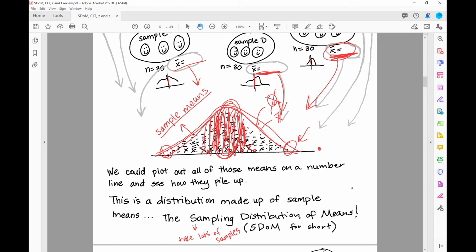So if we were to take all the different samples, plot them out, then we could see, okay, so what do the means look like? Where do they pile up? Which ones are the ones that we see a lot? Which ones sort of stick out? Okay, so, and we're going to call this the sampling distribution of means, or the SDoM for short.